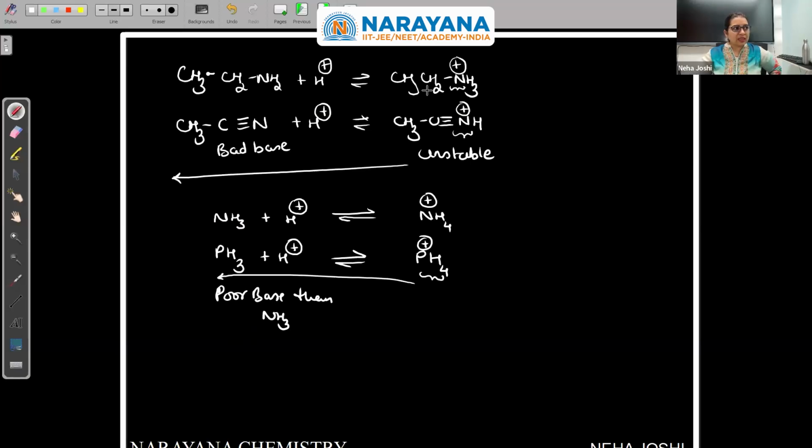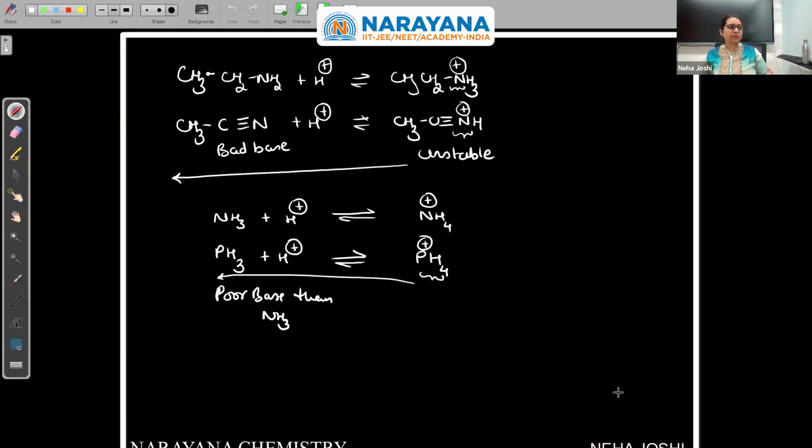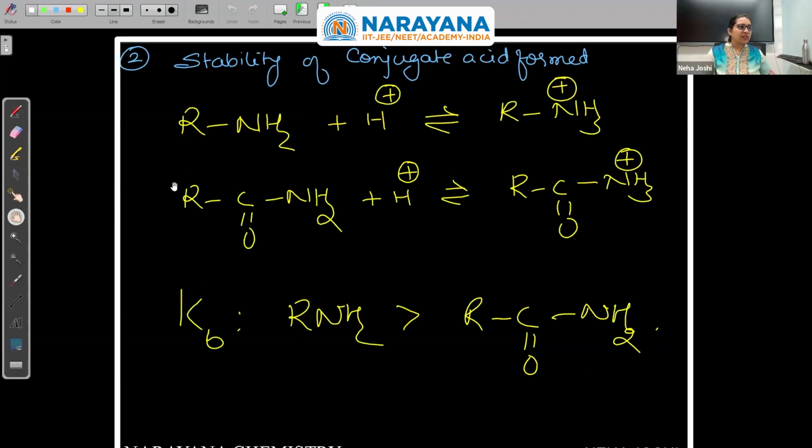Similar thing, but see how it is affecting the basic strength. This is how we are comparing. First thing, percentage s character when the donor atom is the same: then I can say sp3 is a better base than sp2, than sp. Next factor is the stability of the conjugate acid formed.